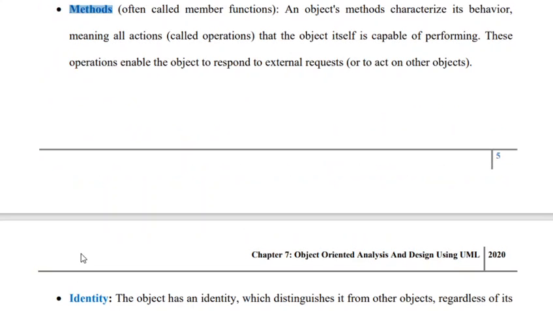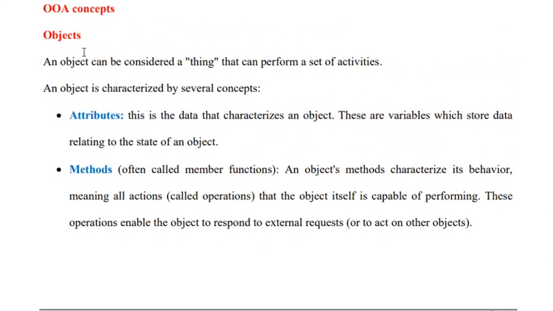methods, and identity. So attributes are the state variables that store the state information about the object. Methods are behaviors that are exhibited by the object, using the values of the attributes.